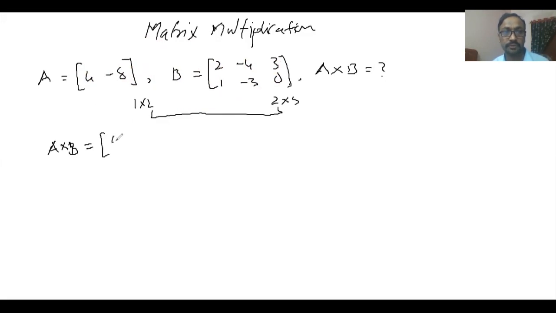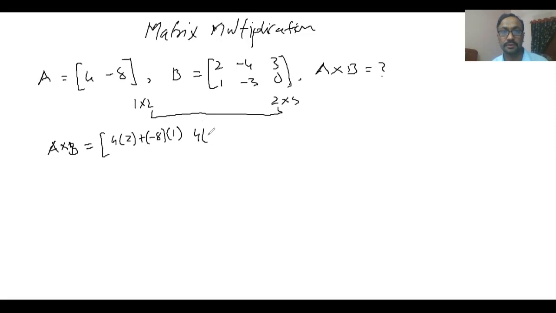So it will be 4 multiplied by 2 plus minus 8 multiplied by 1. Job done. Now we'll be dealing with the first row and the second column of the second matrix.